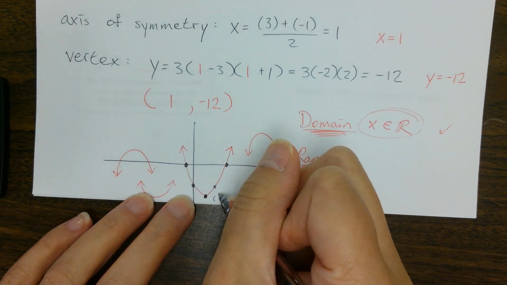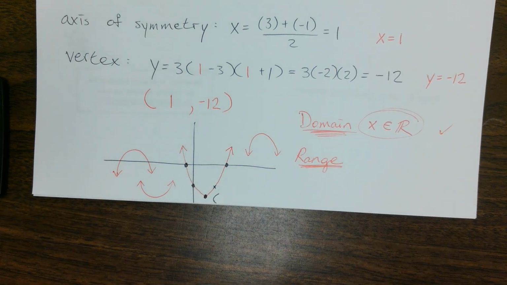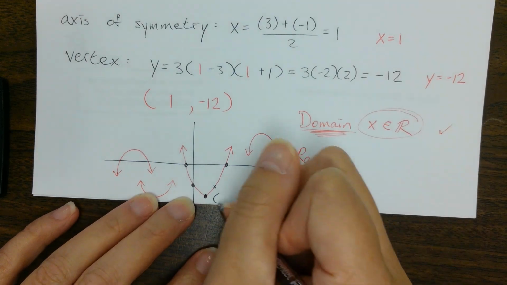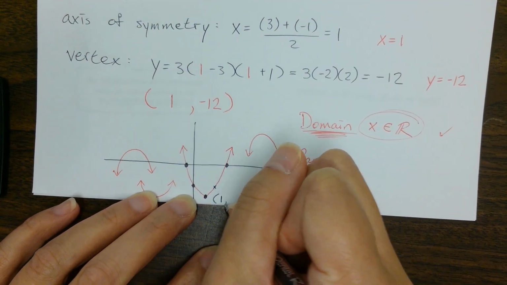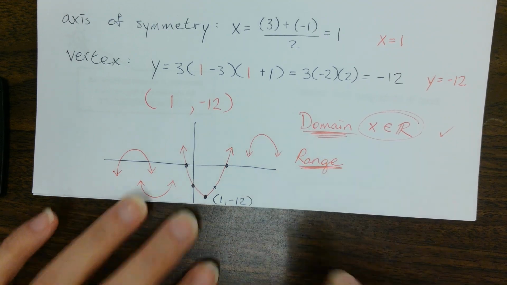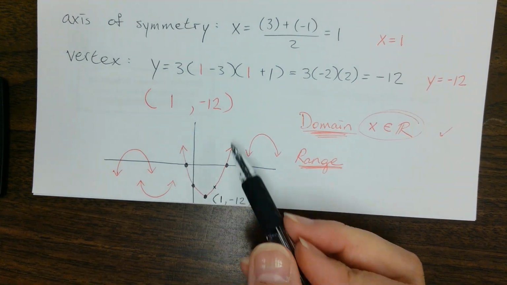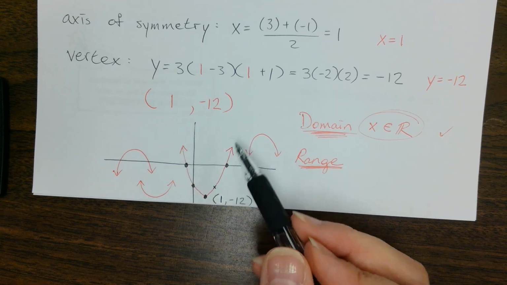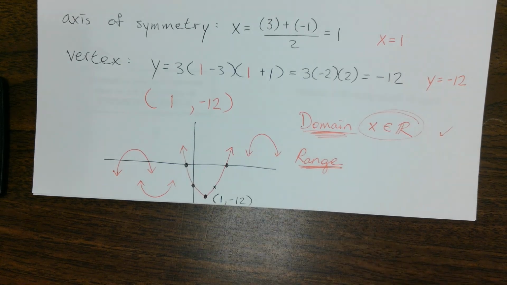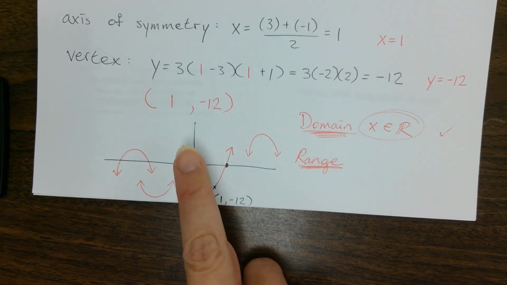And you had to say like maximum at y equals 5, minimum at y equals negative 100. So that's what range is. So based on this graph right here, what value can your y values be? What can y be in this parabola?